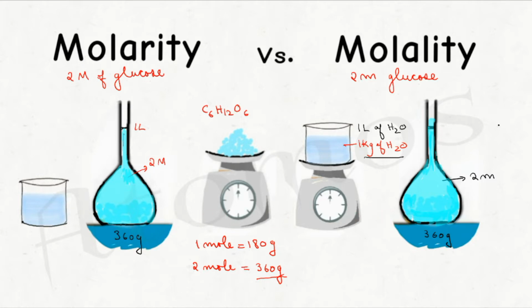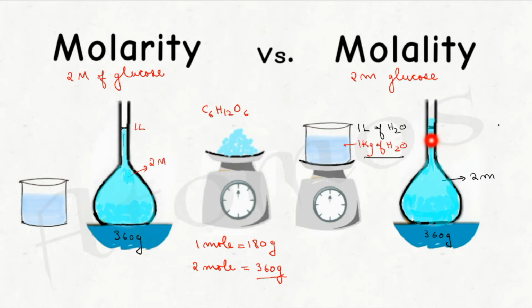To understand the difference between these two solutions, we will be considering the volume of the solution in both the cases. See this one. When we prepare the 2 molar glucose solution, the volume of the solution is 1 liter only. Whereas, when we prepare the 2 molal glucose solution, the volume of the solution is not 1 liter.